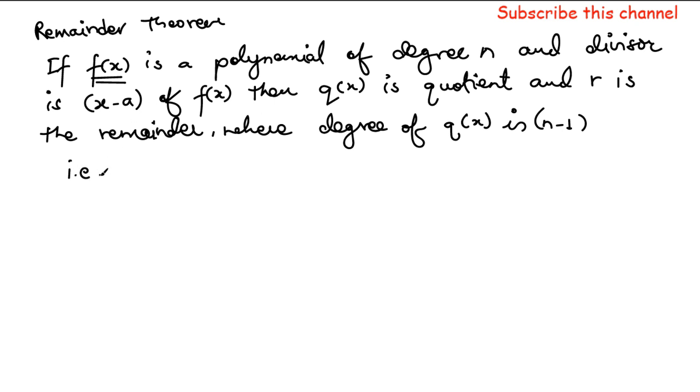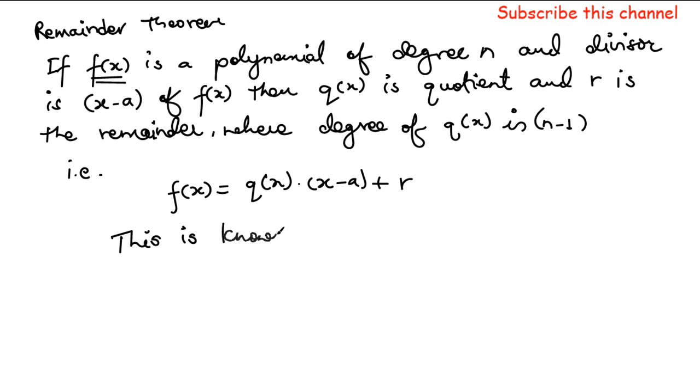That is, f(x) is expressed as the quotient multiplied by the divisor plus the remainder. This is known as remainder theorem.